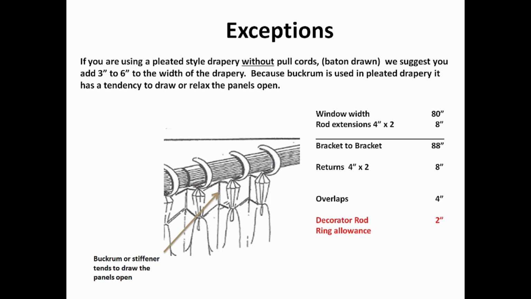Now in addition, we're going to add a little relaxation of 3 inches, 3 to 6. In this case I did 3 because I've got a non-corded rod. That now gives me a total finished width of 105. So you can see as these little exceptions play out, all we're doing is adding a little bit extra width to accommodate certain scenarios, like decorator rods and buckram and those types of things.